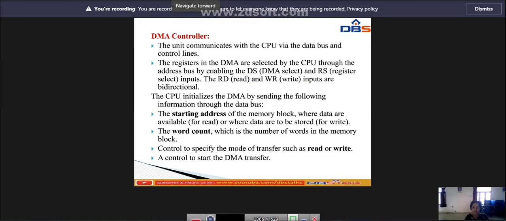Next, the DMA controller. What is meant by the DMA controller? The unit communicates with the CPU via the data bus and control lines.